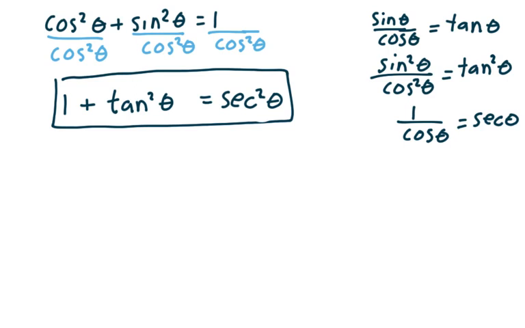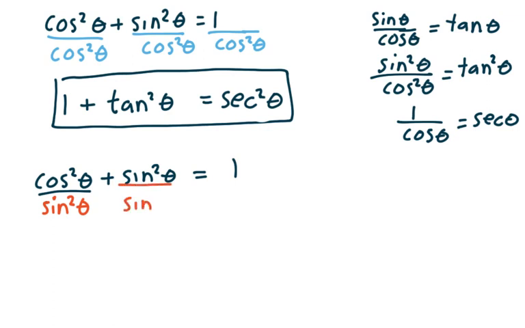Now, let's return to our original. Cosine squared theta plus sine squared theta equals 1. Now, only this time, I'm going to divide everything by sine squared theta. And I want you to see what happens. Now, remember that cosine theta over sine theta, that's equal to cotangent theta.